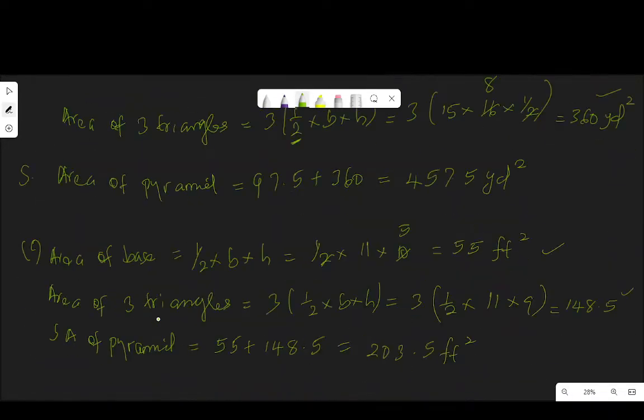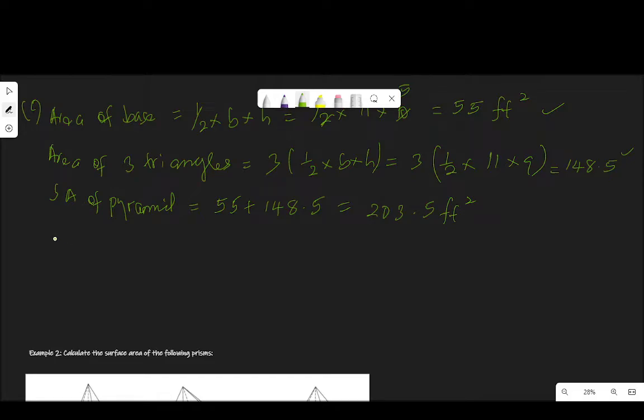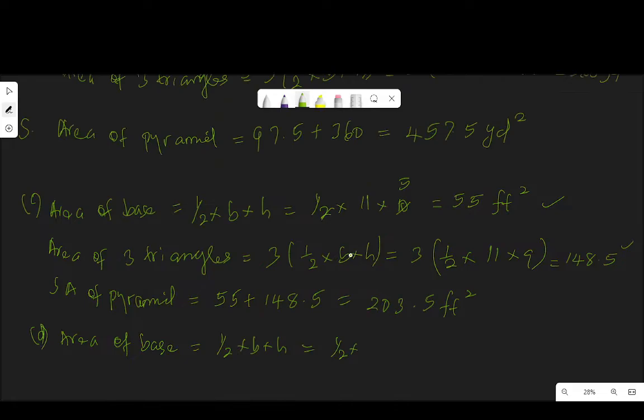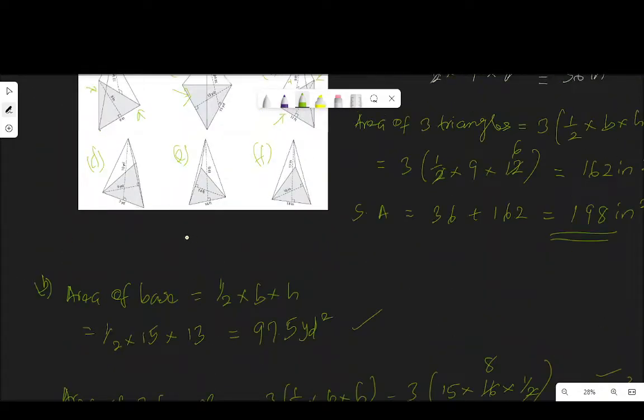That is question D. D, area of base is equal to half times base times height, which is half times, what was the base? The base is 7 yard and the height is 6.